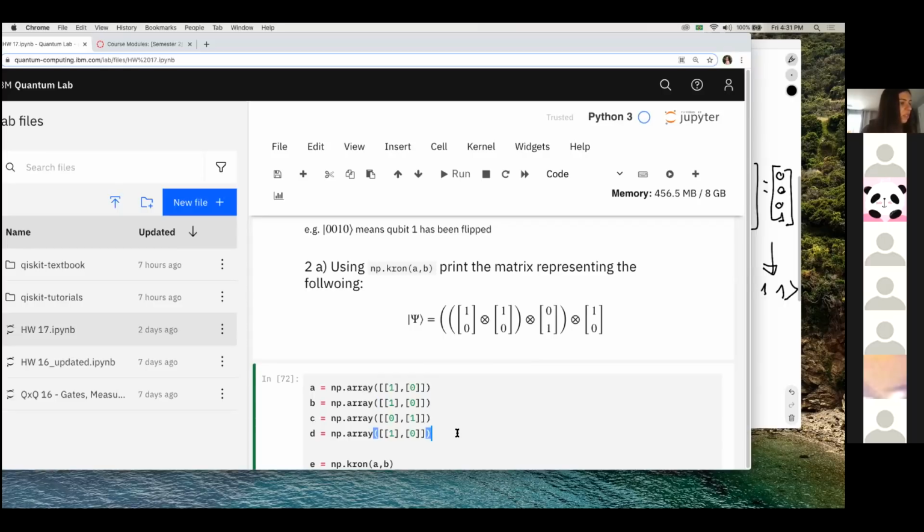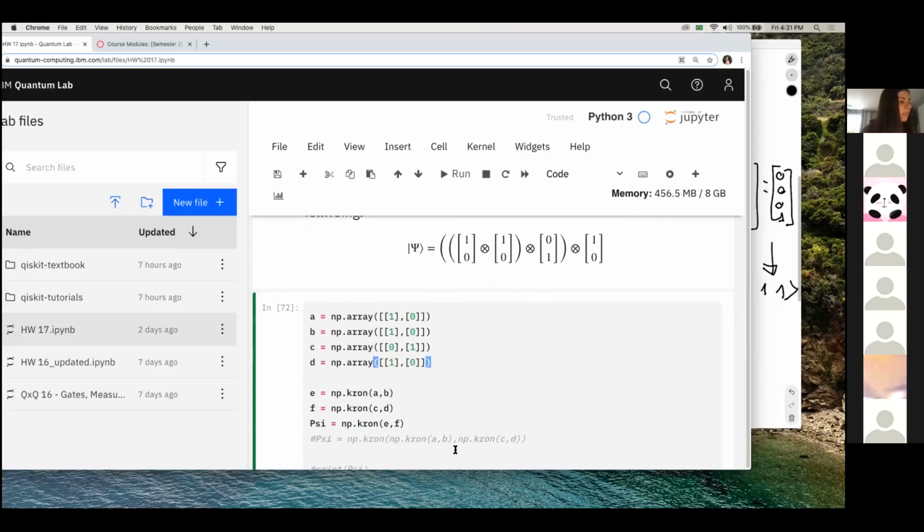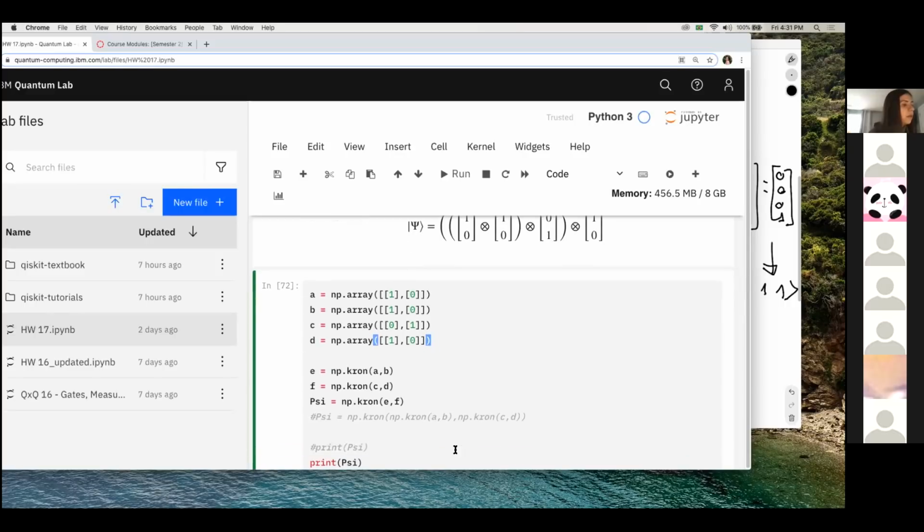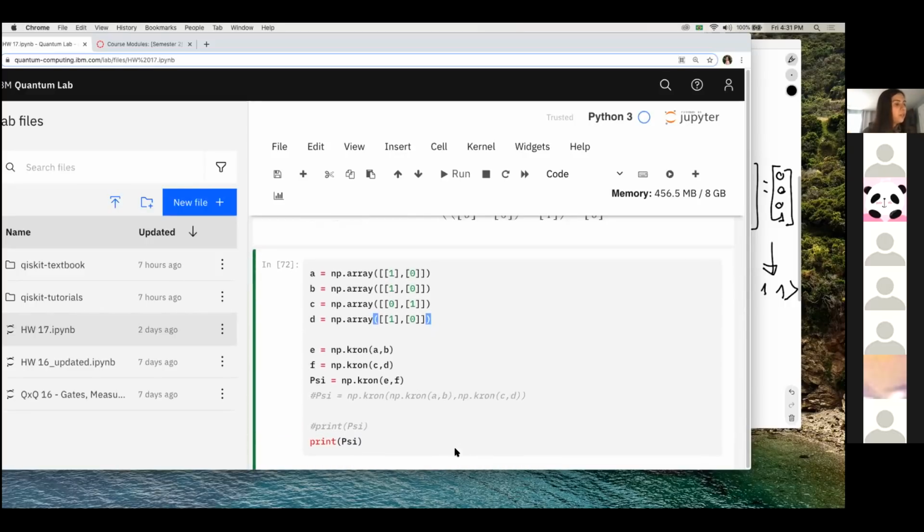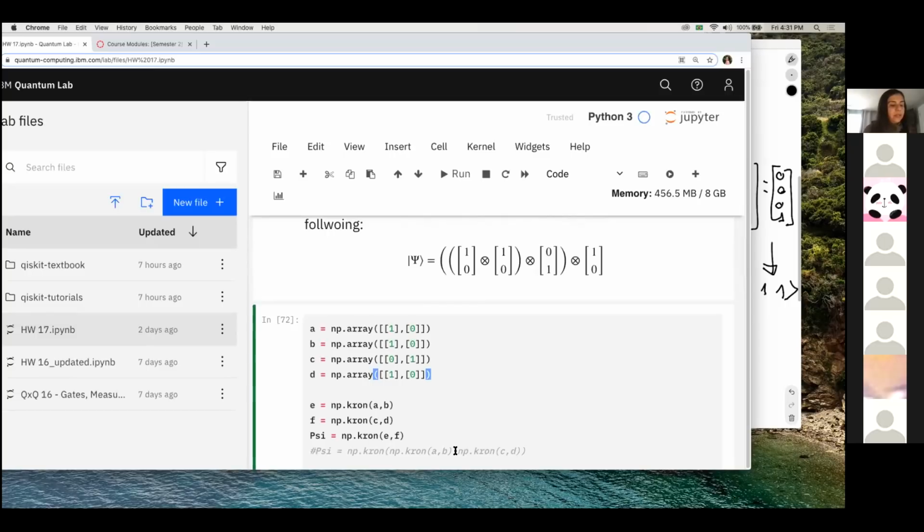And if everything is correct, now I can write the Kronecker product. I told you guys that it's possible to put the parentheses here, or here as well, or in the middle.